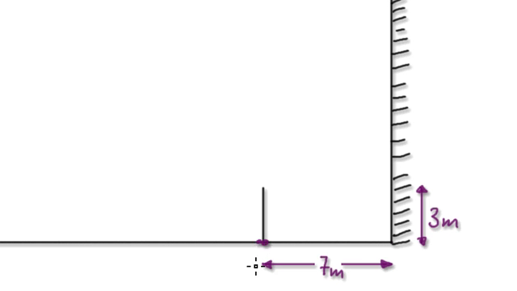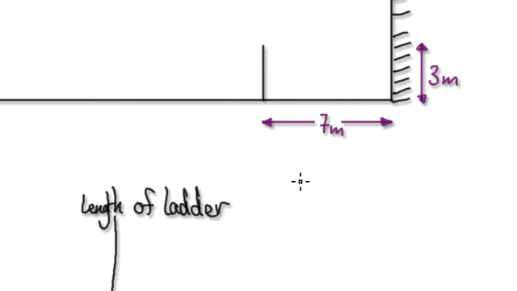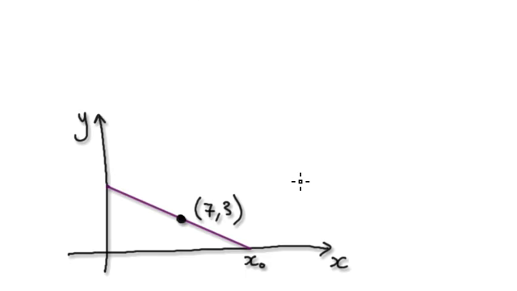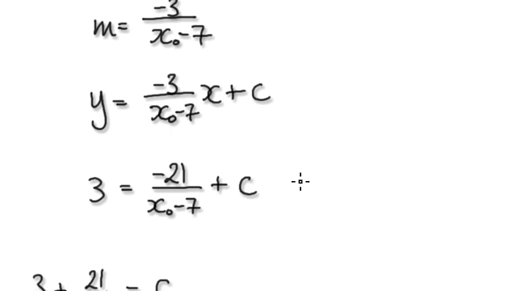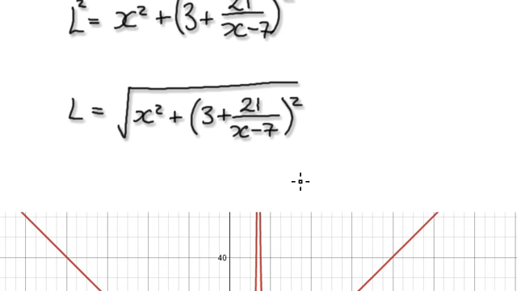You can have 7.0001, but you can't have 7, and you can't have anything less than 7, because the ladder will be somewhere over here. So the domain has to be greater than 7. Bear with me.